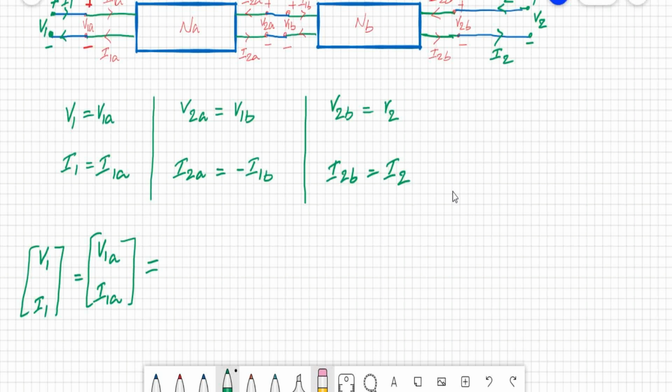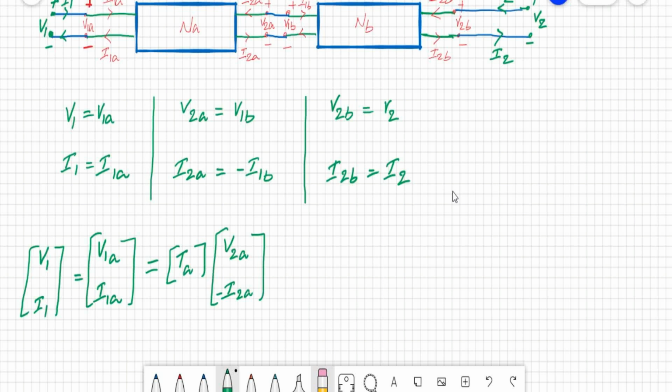So with the help of ABCD parameters, V1A, I1A can be written as the transmission matrix multiplied with V2A and minus I2A. So V1A, I1A can be written as TA into V2A, minus I2A.